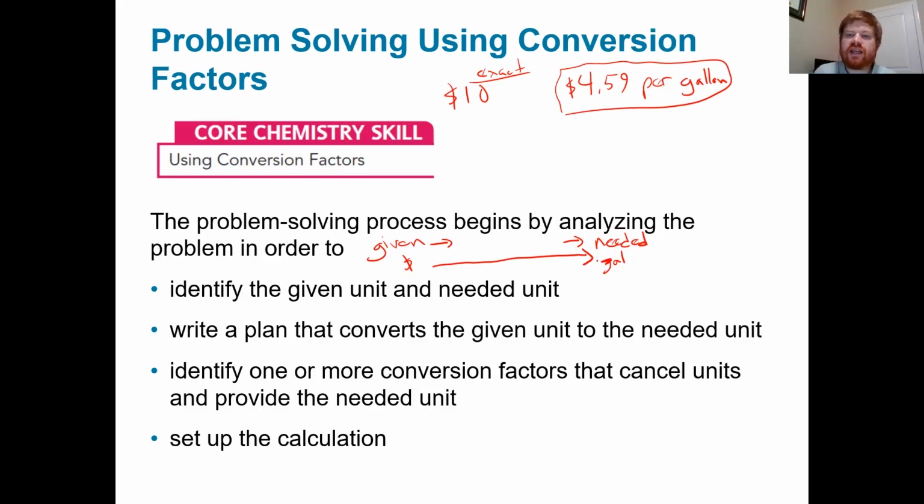So what if we instead say, rather than worrying about this, let's say that we want to figure out the number of miles that we can travel on a given amount of gasoline.